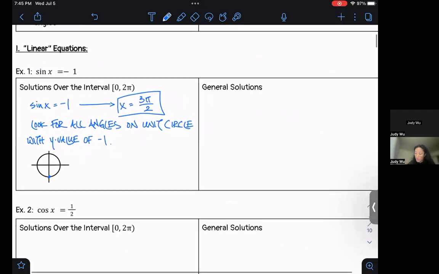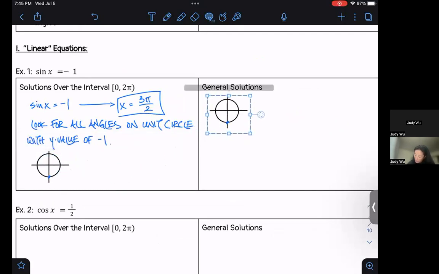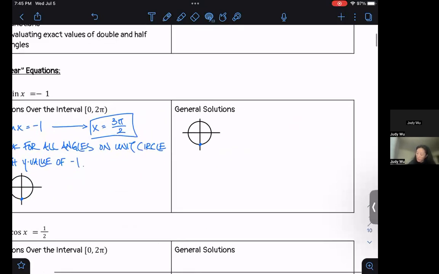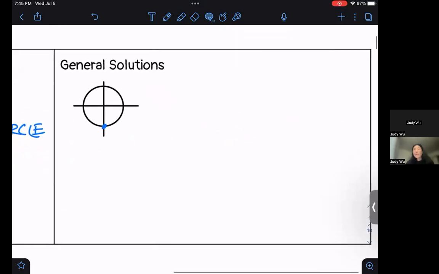But remember, we also want to learn this new term, general solution. If we grab our picture from over here and copy it over here, general solutions means what are all the different possible names for this point?